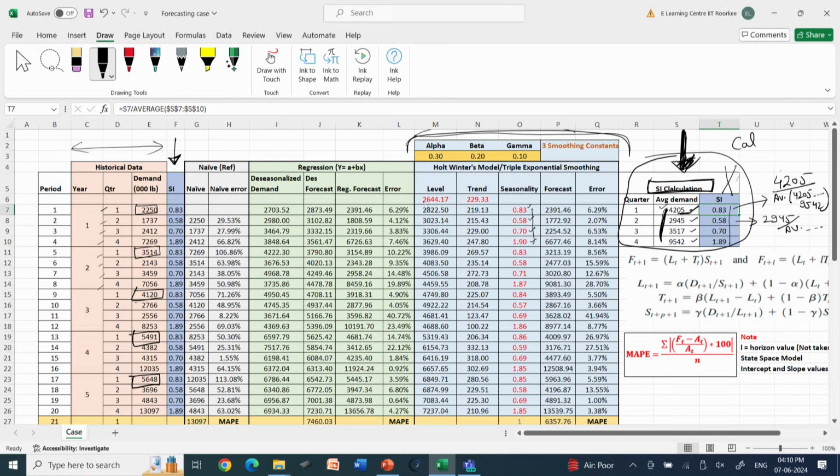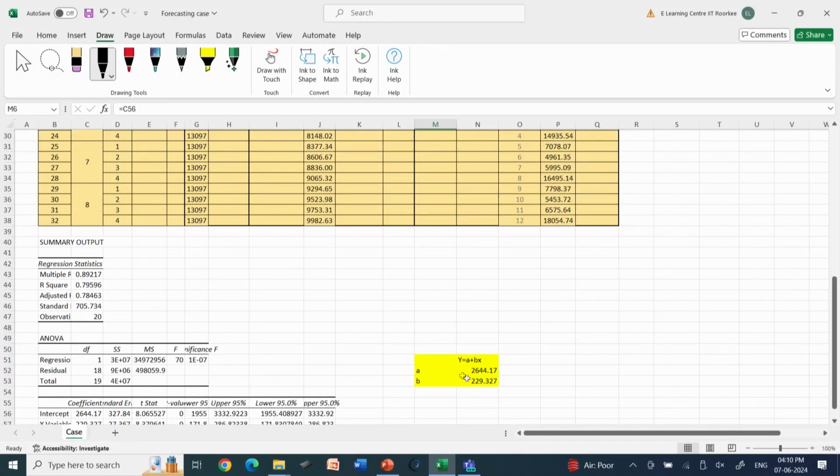Now, the initial level and initial trend are given to us. Let me go to cell M6. This is C56, and C56 is coming with the help of my regression calculations. To get the initial values, L naught and T naught, as we already discussed in our previous session, whatever data you have, you put that into a regression equation.